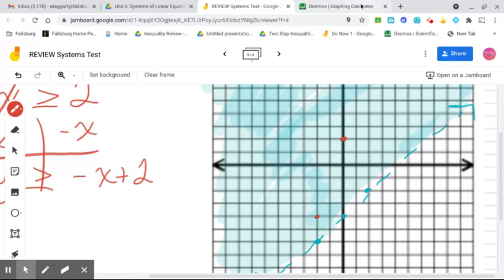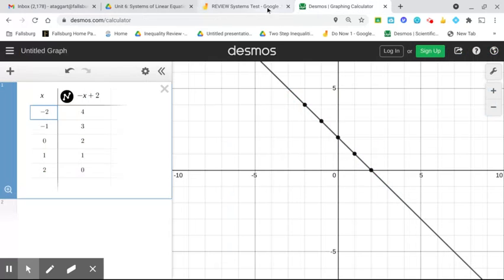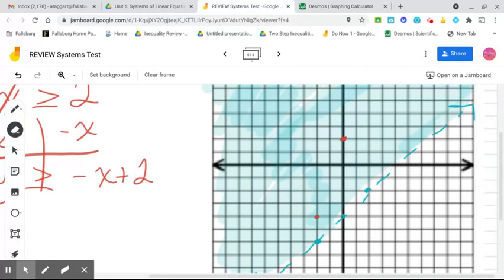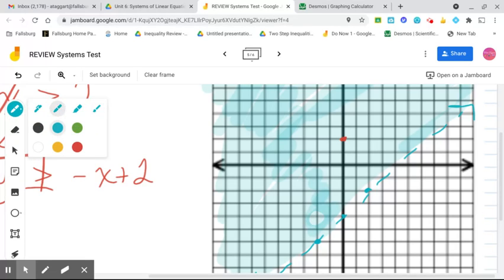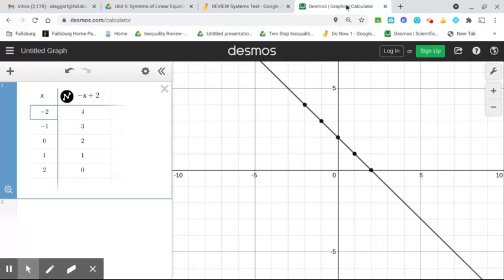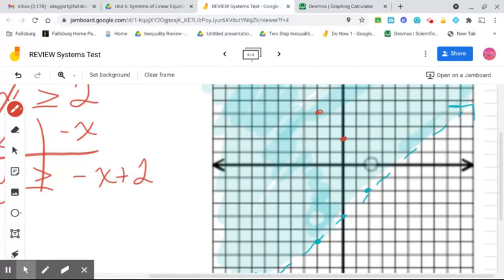Did I mess something up? Negative 2, 4. Sorry, my bad. So it should be (-2, 4). 1, 2, 3. It should be up here. That makes more sense. And we'll do (0, 2), and then (2, 0). Okay, so there's my 3 points.